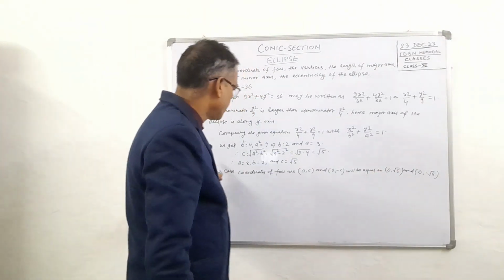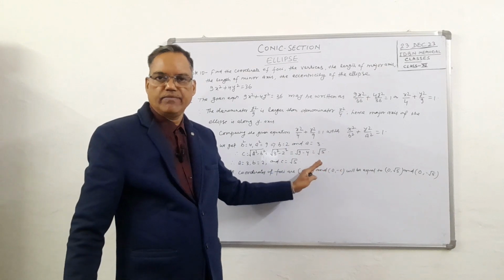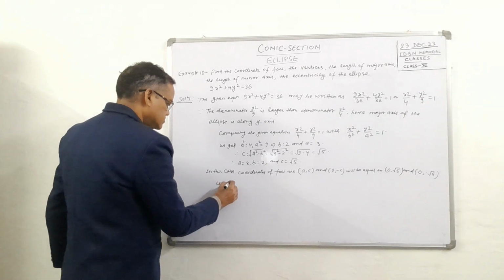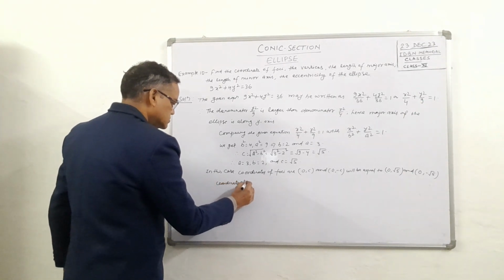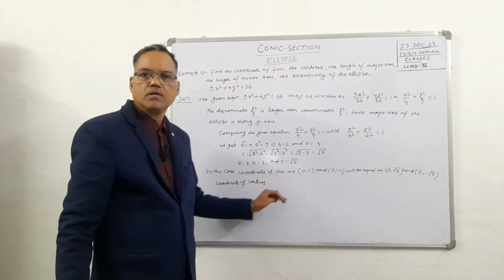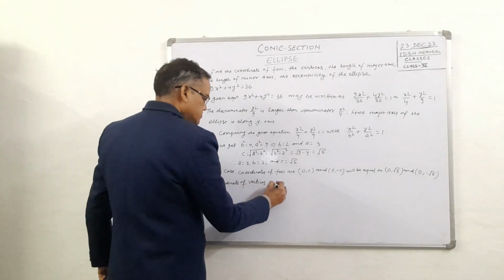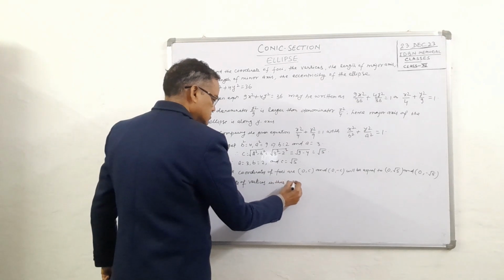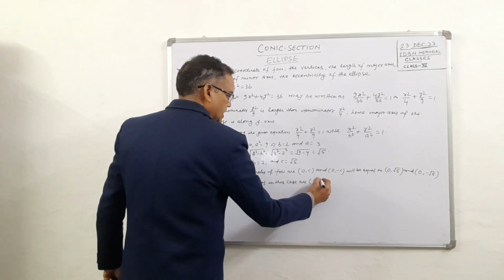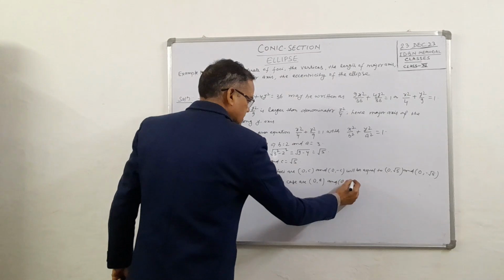ठीक है. Now major axis is always the larger axis, means a will be the major axis itself, but now coordinate of vertices, because vertices are always along the major axis. So in this case coordinate of vertices are 0 a and 0 minus a.